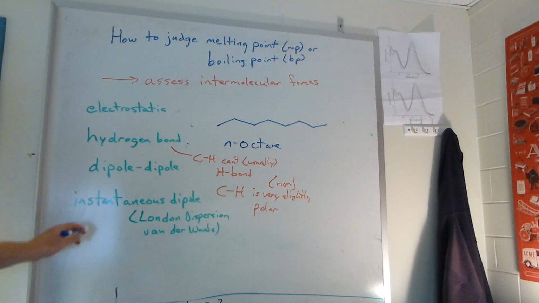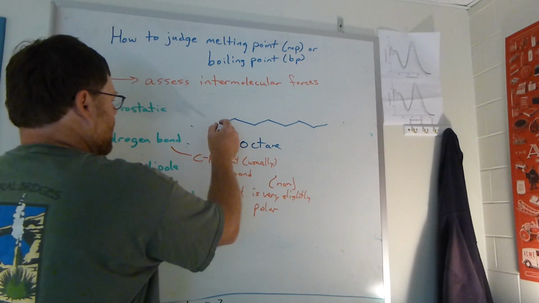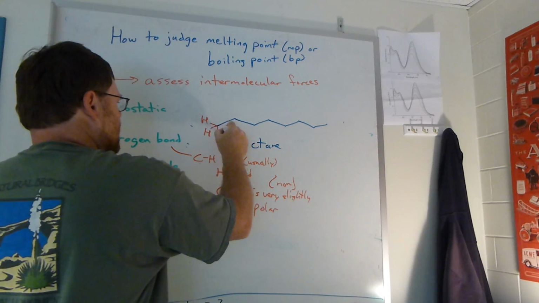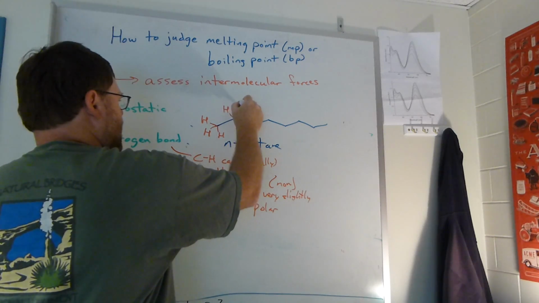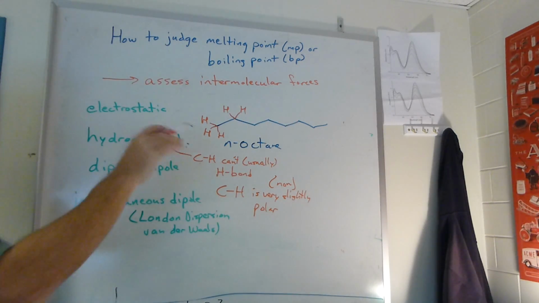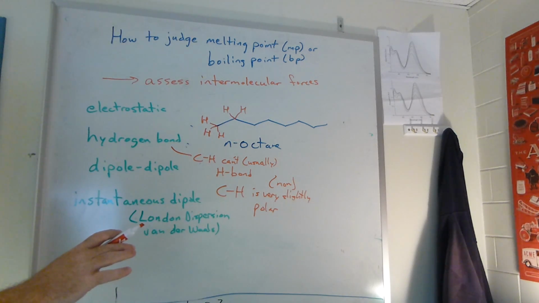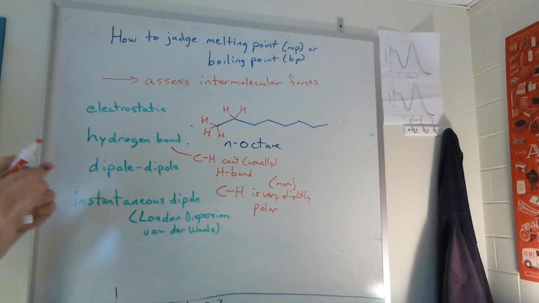So what do you have? Well, you have what we call the instantaneous dipole, and that is at any given moment, there's a whole bunch of electrons swimming around here. All the CHs are electrons. All the lines, as we talked about in class, are electrons, and they're in these orbitals that are diffuse.